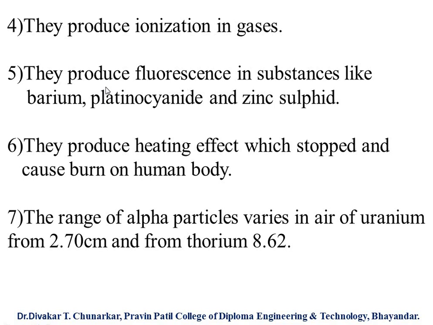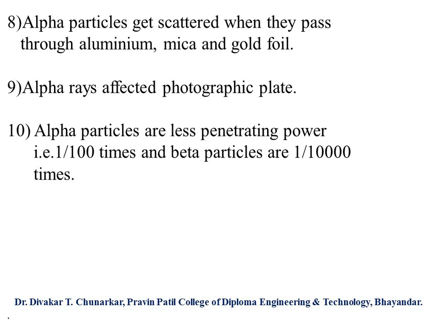Alpha particles get scattered when they pass through aluminium, mica sheet and gold foil, the gold plate.